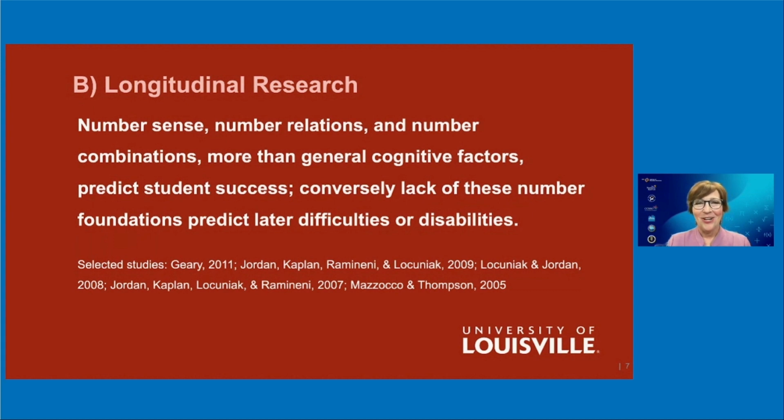They start in kindergarten, and they look at the impact of what students know in kindergarten and then how that impacts their success in 1st grade or 2nd grade or 3rd grade.